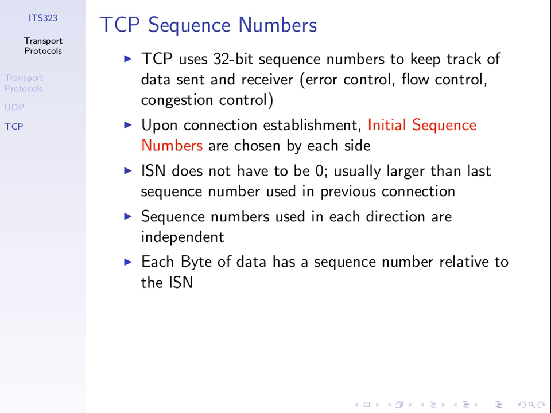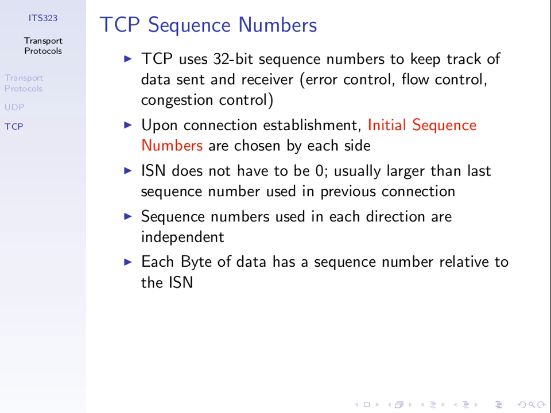Why? Well, it's useful when we have previous connections. That is, I've created a connection from A to B, transferred some data, then I close that connection, and then sometime later I create a new connection from A to B to transfer some more data. Then it's useful to use a different sequence number from that used in the previous connection.